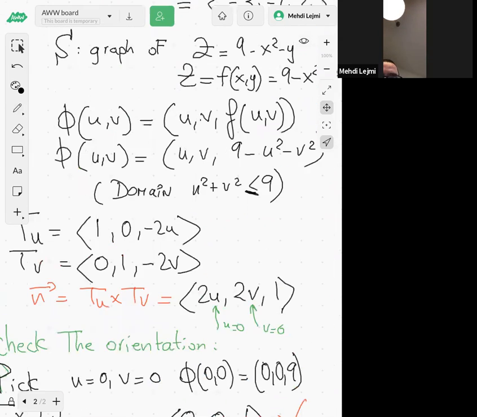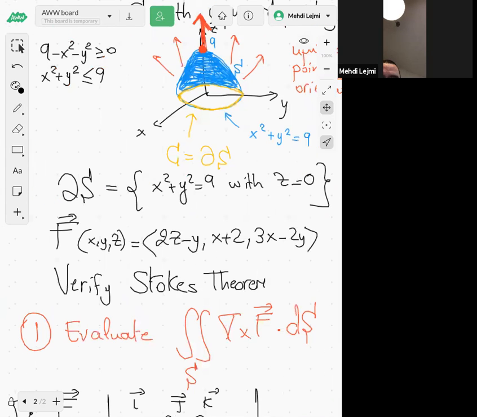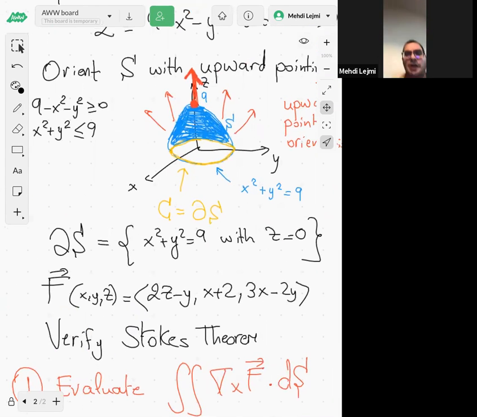But let me say what will be the orientation of the boundary in this case. I'm going to use my right hand. My thumb points in the direction of the normal, it's upward pointing. Then the index finger is the orientation of the boundary, and the middle finger points inside the curve, inside the boundary.